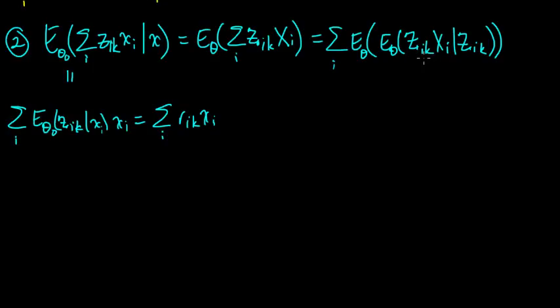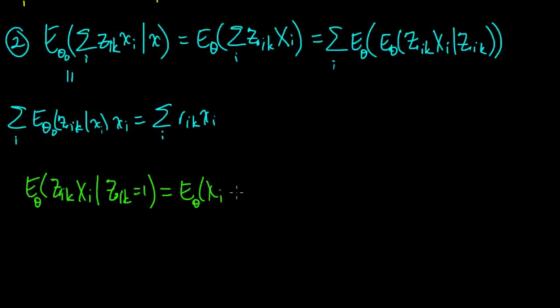So we don't need to worry about that one at all. And we just need to think about what is the conditional expectation zik xi given that zik equals 1. And that, of course, when it's 1, that's just 1. And so we just get the conditional expectation xi given zik equals 1.